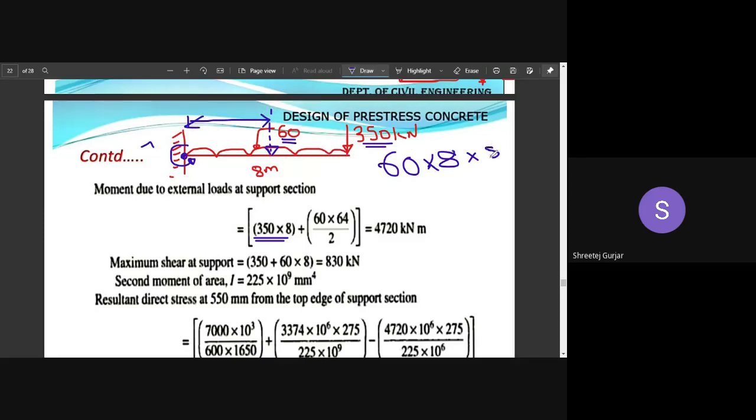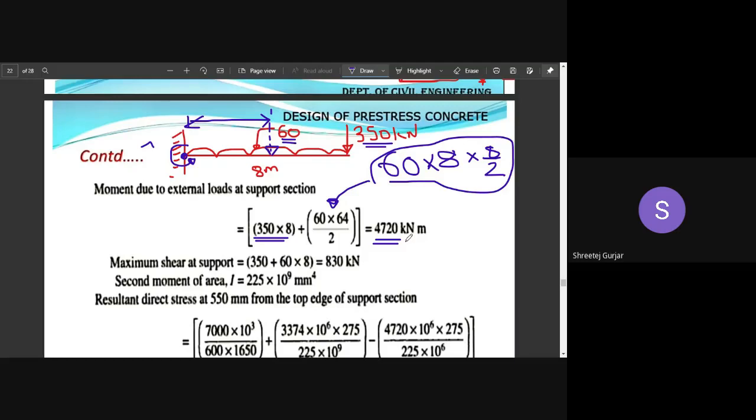So 60 into 8 into 8 is 64, divided by 2. The total moment at the support section is 4,720 kilonewton meter.